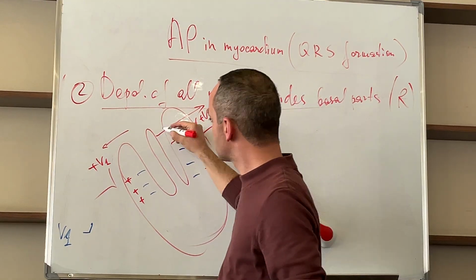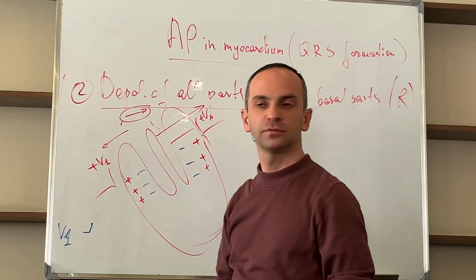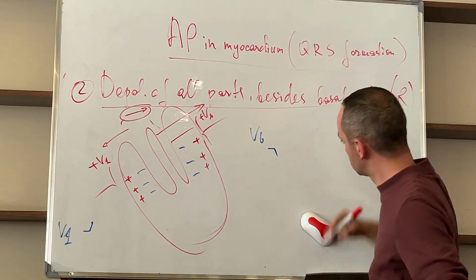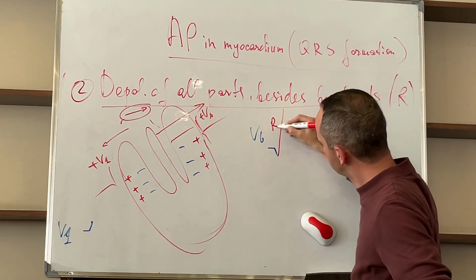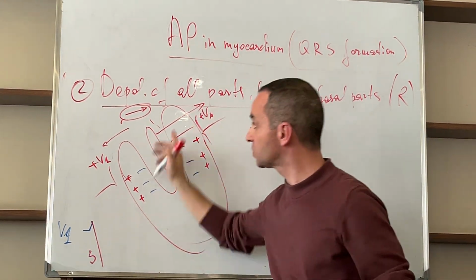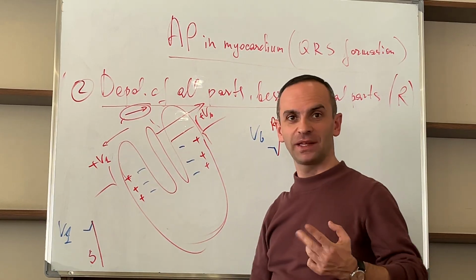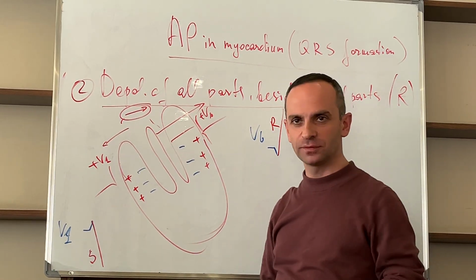So from these two, I get this vector. It is directed towards V6, positive, bigger. The smaller has the opposite direction towards V1. They coexist at the same time, that's why we have one summary vector.